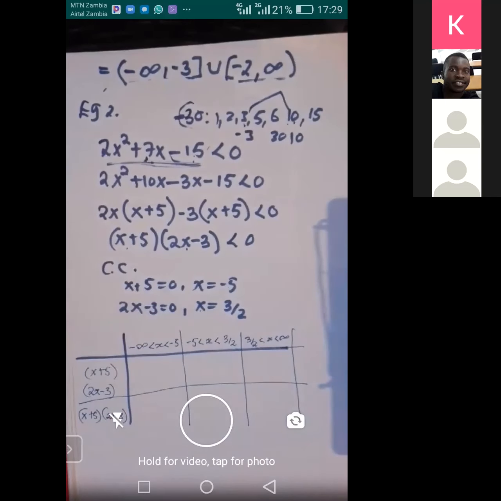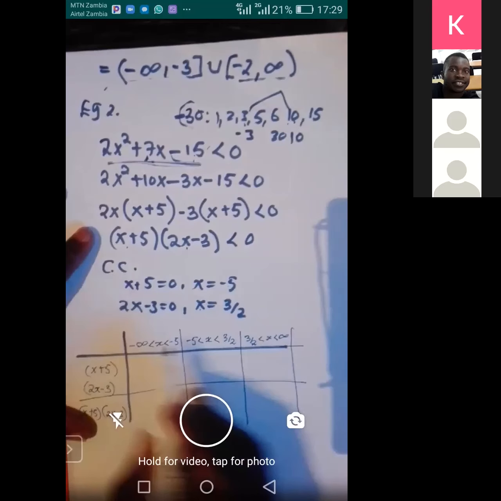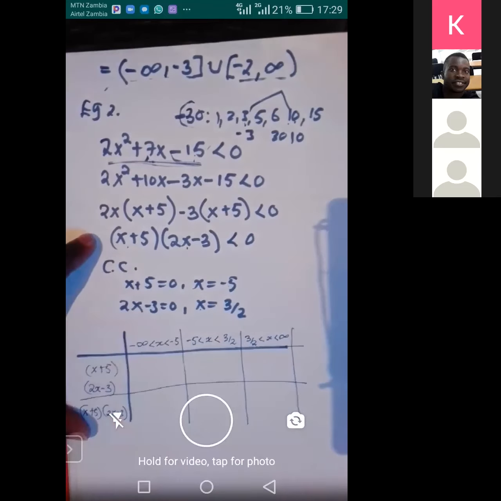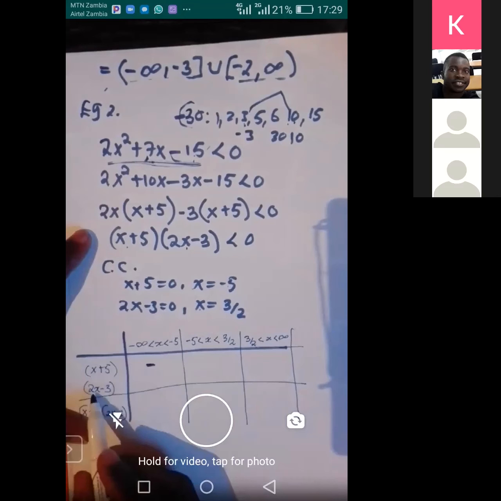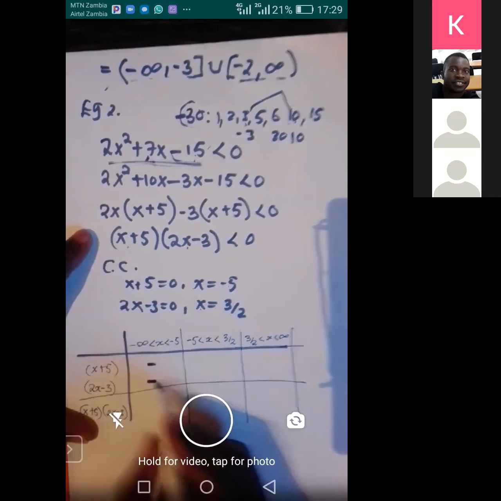So at this moment, ladies and gentlemen, you pick a test value, minus 6, it will be a negative number. Then here, minus 6 here, you see that you're going to get a negative number as well.